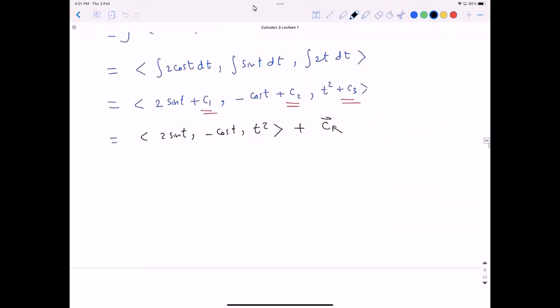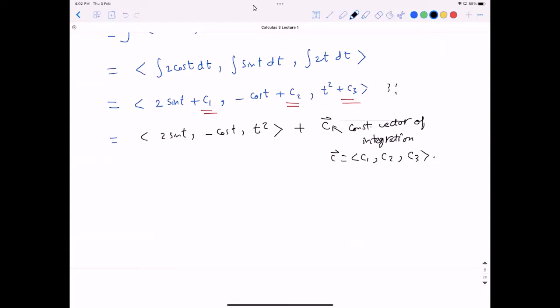Now we have vector function, so the constant is constant vector of integration. You can write it directly without doing this system, which is c is c1, c2, c3. One constant for each integral.